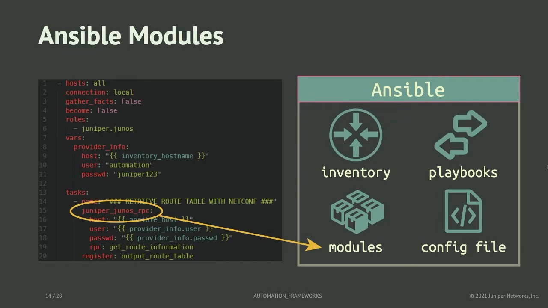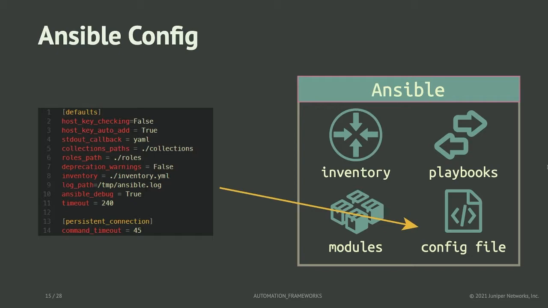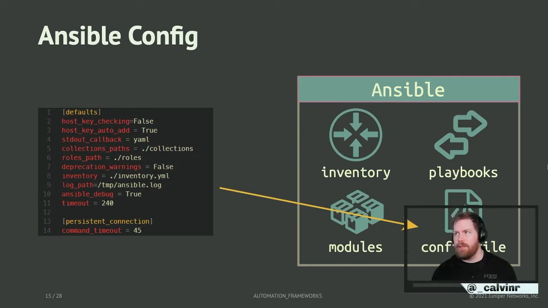And we also have the concept of an Ansible configuration file. Now, the config file is an interesting one because this concept exists also in Nornir and many other tools, that the automation framework ships with a bunch of default settings, and they give you the opportunity to overwrite those default settings. And they're typically in the format of a text configuration file.